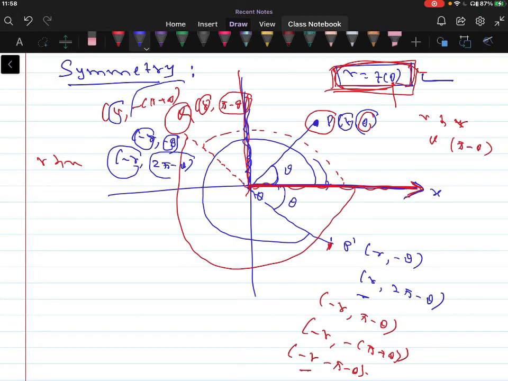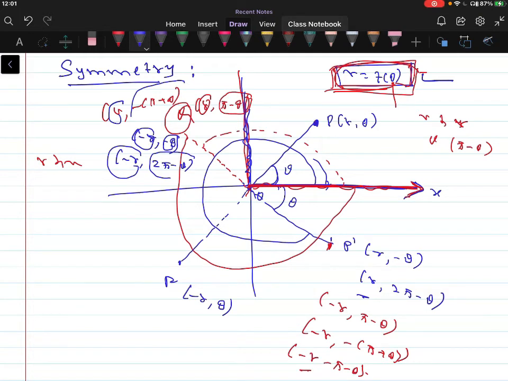So let us take a point in the third quadrant. Take this point, this is R. The representation of P in R can be written as minus r comma theta.